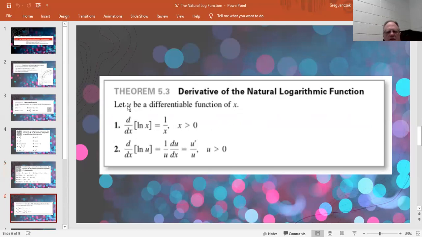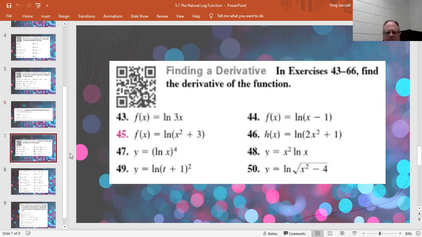If we're working with natural log of u, something other than just x, then it's going to be u prime over u, where u is not 0. All right, so let's take a look at a problem with the natural log of the square root.